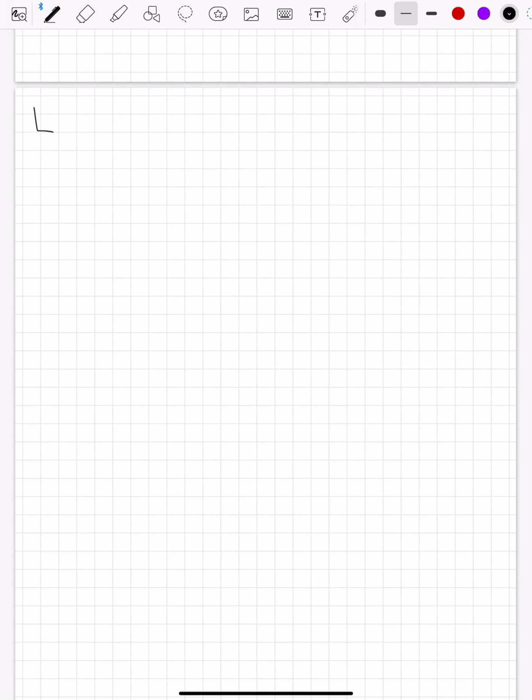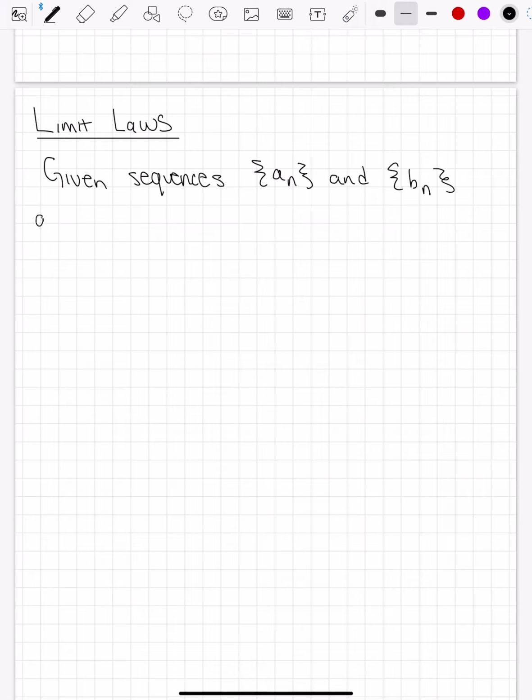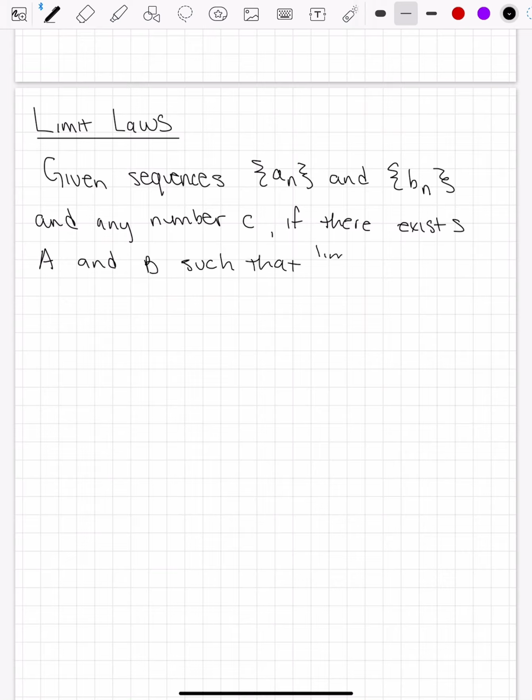And lastly, just for a review, I just want to go over some limit laws and change them to apply to sequences. So given sequences, this is still the same limit concept that you learned in Calculus 1, and any number C, so C is a constant, if there exist numbers capital A and capital B such that capital A is the limit as n approaches infinity of the sequence an, and capital B is the limit of bn, then we have the same limit laws.